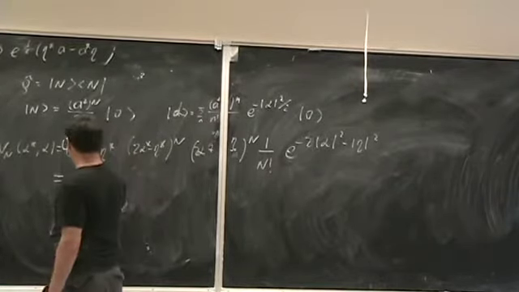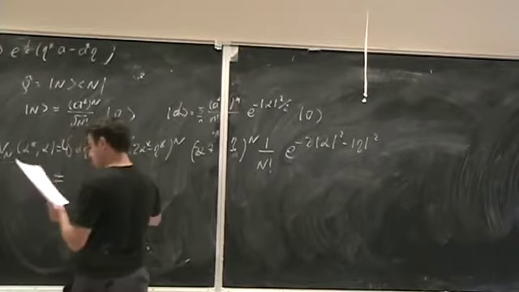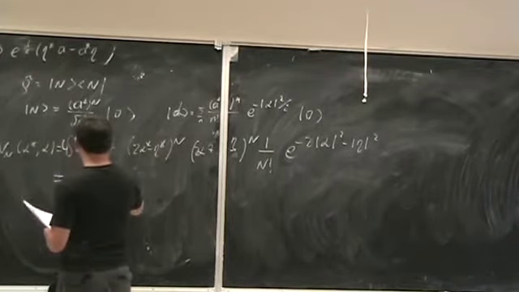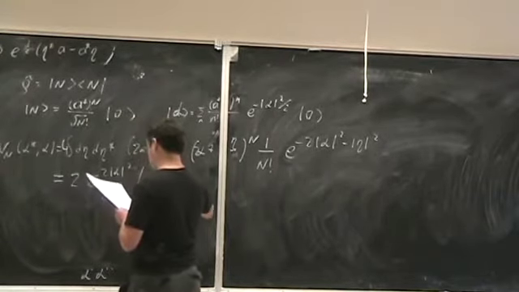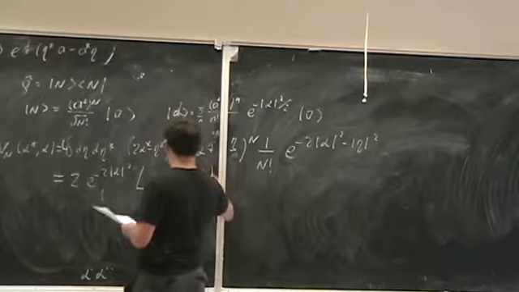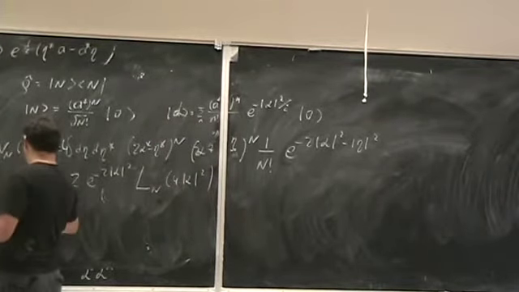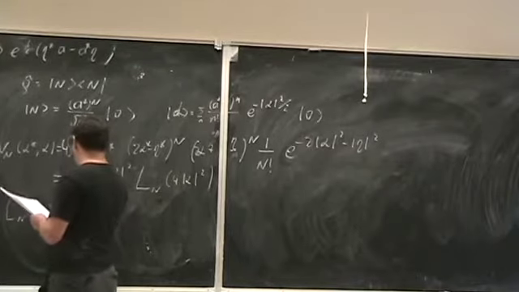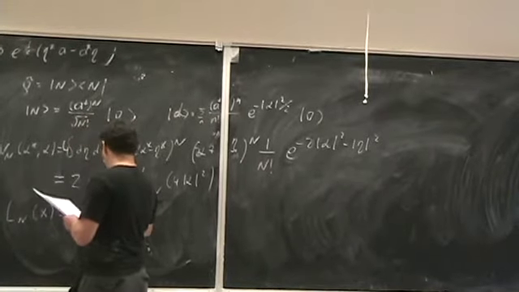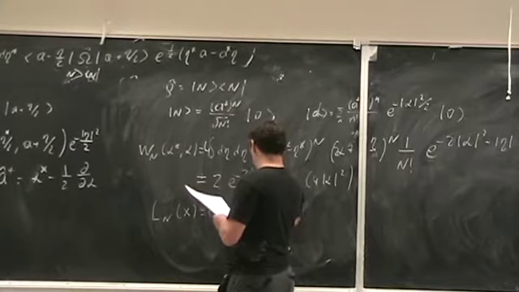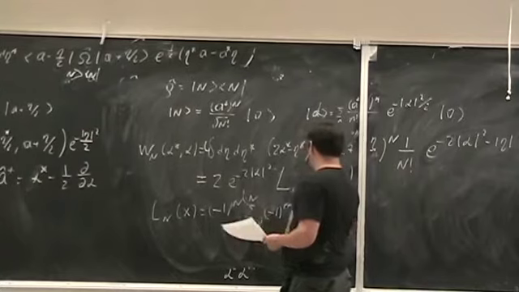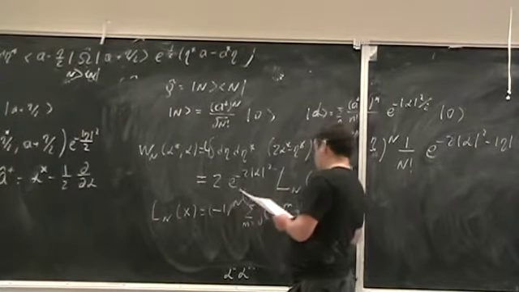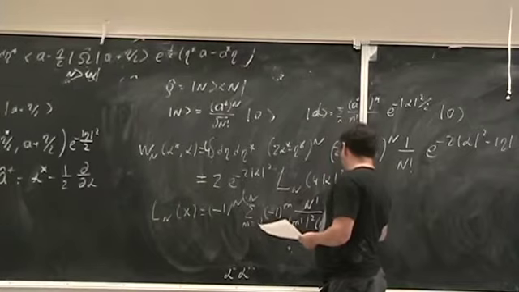So the whole answer would be 2 times e to the minus 2 mod alpha squared times L_n of 4 alpha squared, where L_n of x is minus 1 power n times the sum over m from 0 to n of minus 1 power m, n factorial squared over m factorial squared, n minus m factorial, x power m.